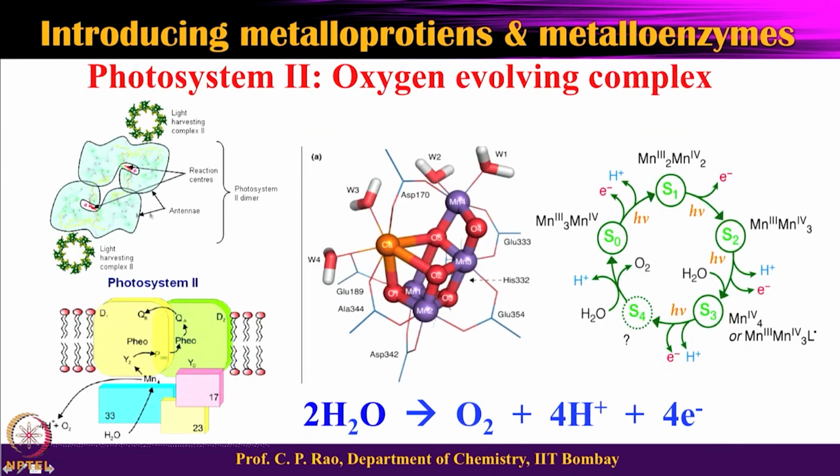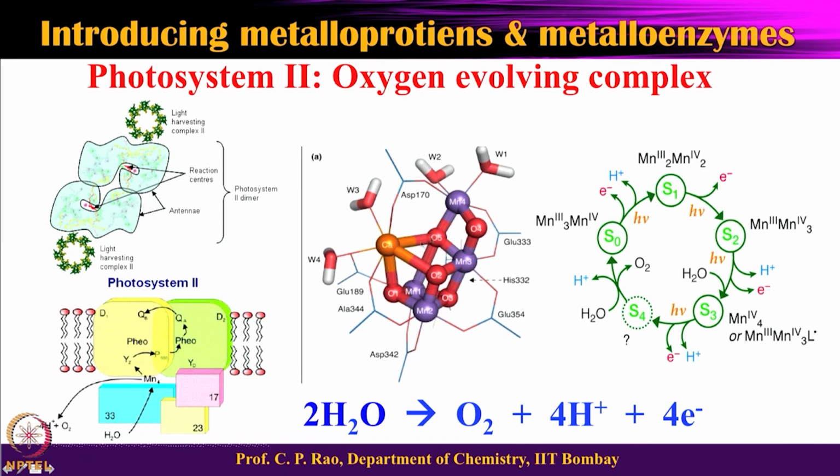And as you can see, these are the light harvesting devices, and the electron transport system, and then you have the reactive center, which is the manganese. So, you have the light receiving, which is called antenna, a huge electron transport system, and the reaction center, the manganese center, where the reaction occurs.